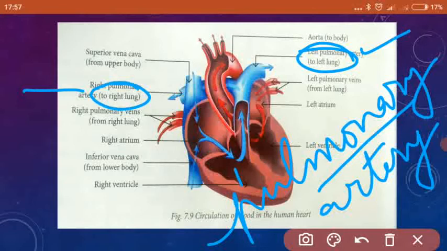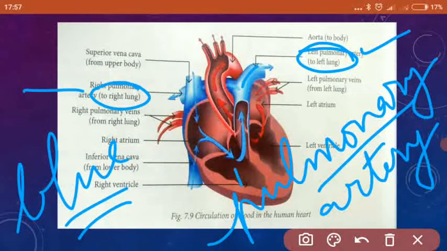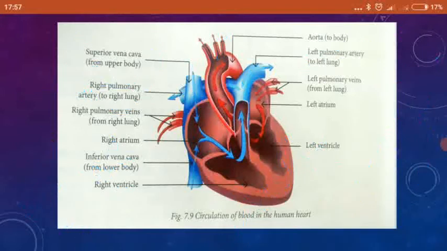Now you can see that this artery is shown in blue color. Otherwise, I told you in an earlier video that all the arteries are shown in red color and the veins are shown in blue color, just like this superior vena cava, isn't it? This is shown in blue color. So why is it so? Because the pulmonary artery is an exception.